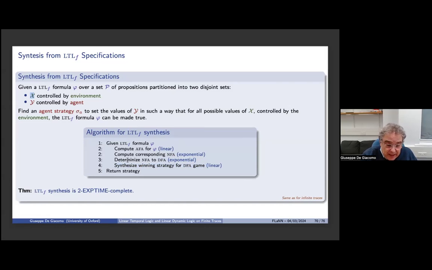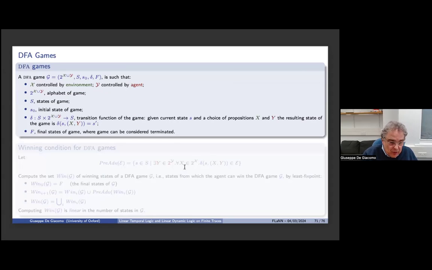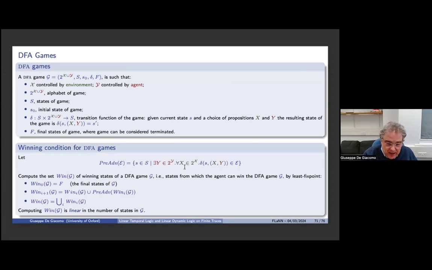Your problem in this arena is to find a strategy to win the game of reaching the final state in spite of what the environment does. So these DFA games are essentially a DFA in which you partition the propositions into what you control and what you don't control.